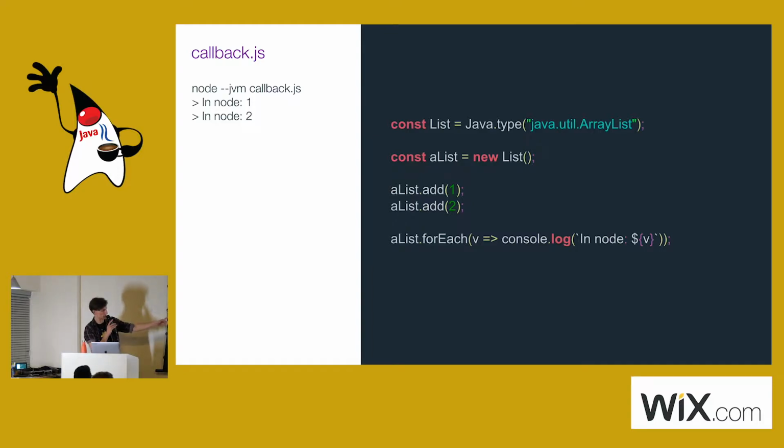This is sort of related to the question someone asked there, but this forEach method is actually implemented on the Java list and not on the JVM side, I think. Actually, I'm now really confused, but it does work like that.